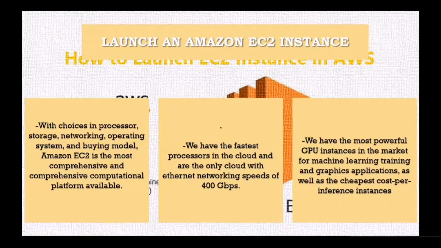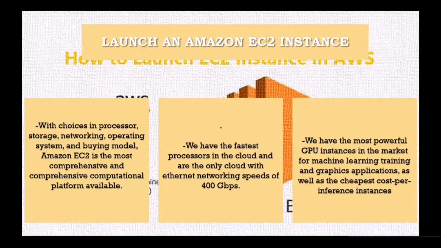And the next is to launch an Amazon EC2 instance with a choice of processor, storage, networking, operating system and buying model. Amazon EC2 is the most comprehensive computational platform available.